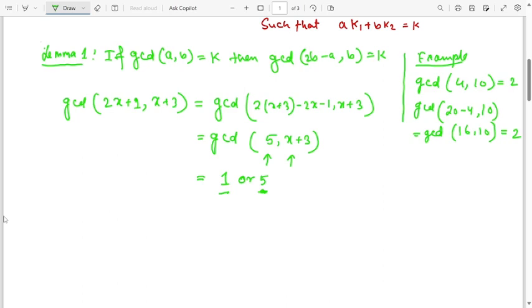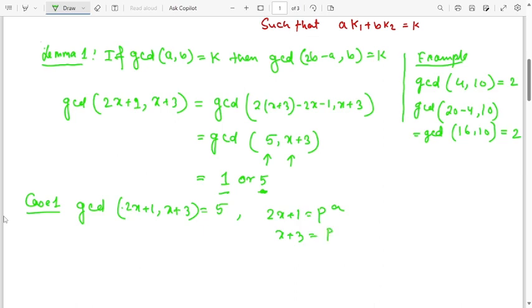Okay. So now case 1: if GCD of 2x plus 1 and x plus 3 is equal to 5, then what will happen? Now we are rewriting the equation again: 2x plus 1 equals p to the power a and x plus 3 equals p to the power b.